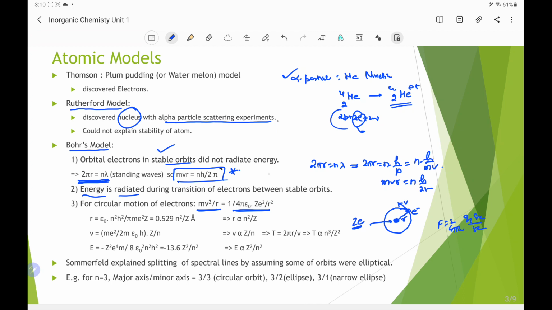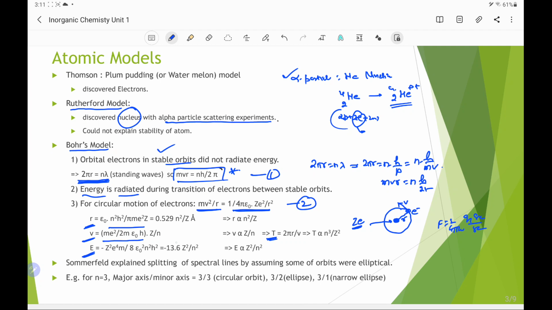Using these equations number 1 and 2, we solve for the radius of the orbit, velocity of the electron, energy of the electron, and time period of the electron. We get these formulas.